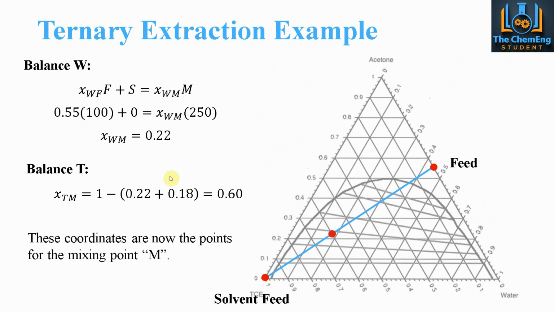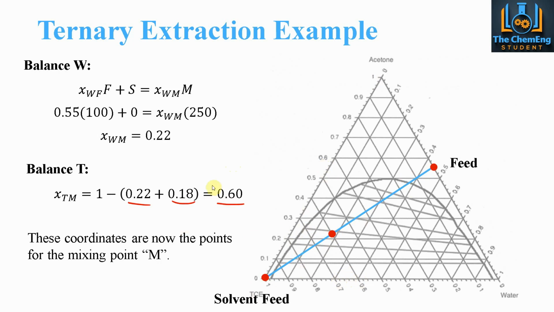Now these are the coordinates for the mixing point. All we need to do is identify whereabouts on the graph these lie. We can see that our mixing point must lie on this line. There is going to be an inherent slight error here because we're using a graphical representation, so it's open to interpretation ever so slightly, but so long as it's within an acceptable tolerance.